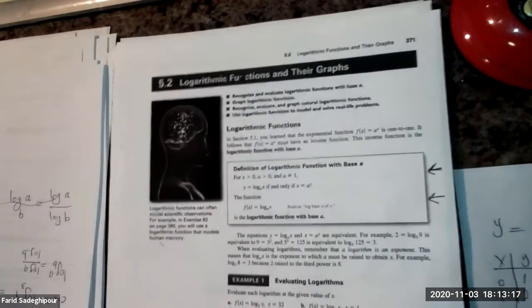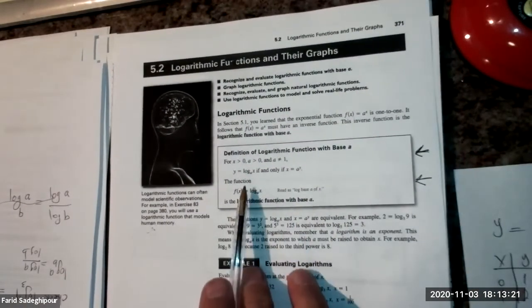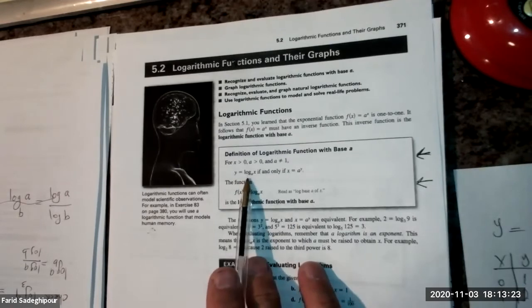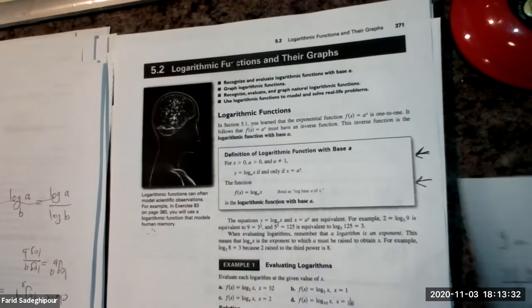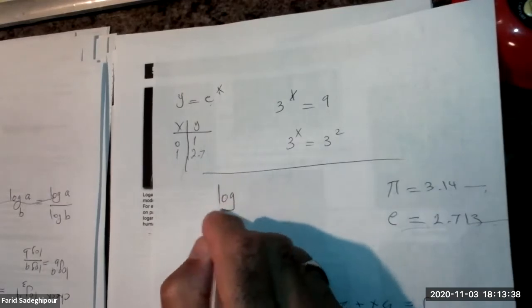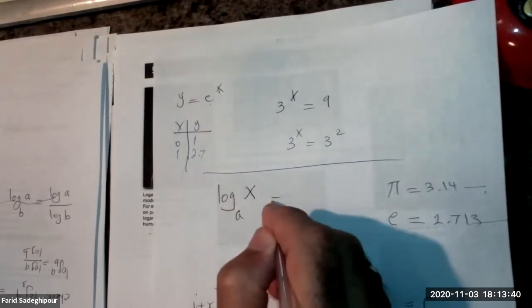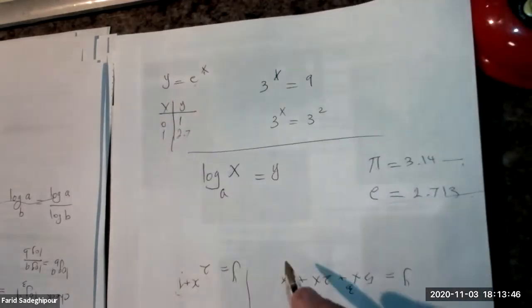And then it goes to section 5.2. You have this formula. If log of x with base a, and you want to get rid of the log, then you take the base and raise it to that. For instance, if I have log of x base a is equal to, what did they use here? y, okay?